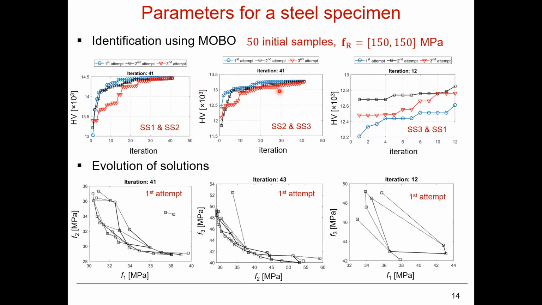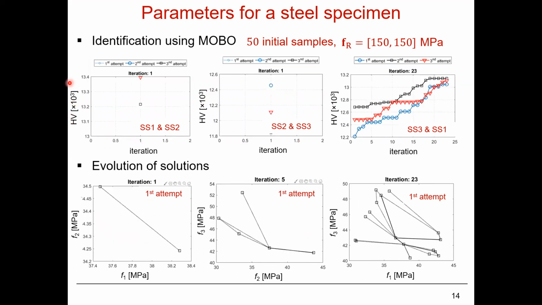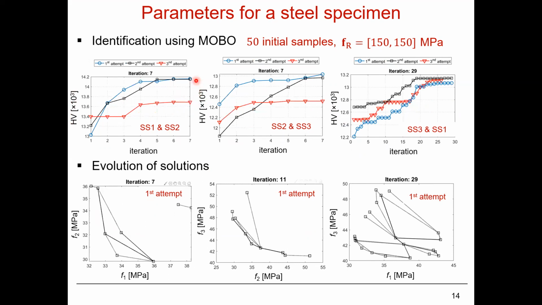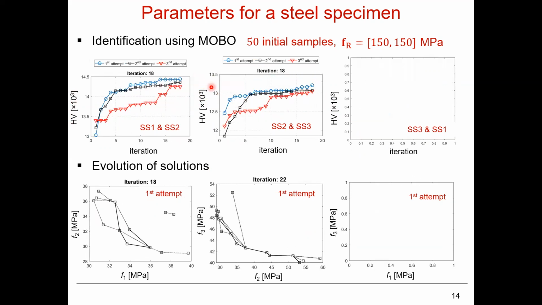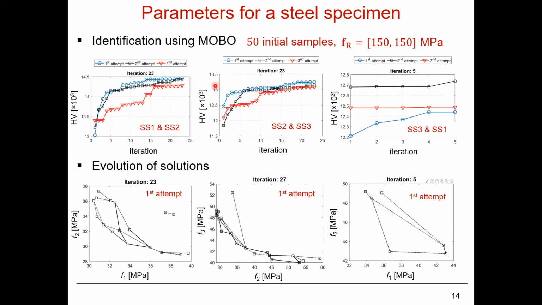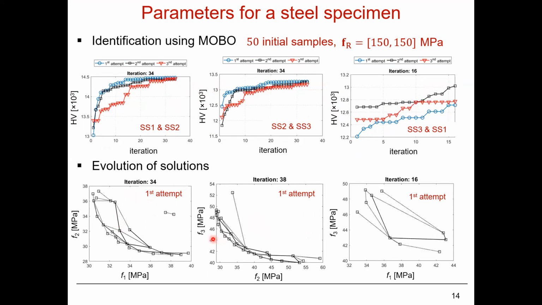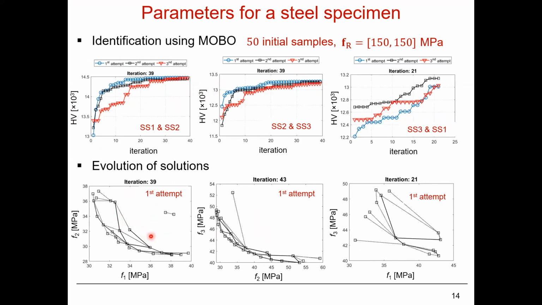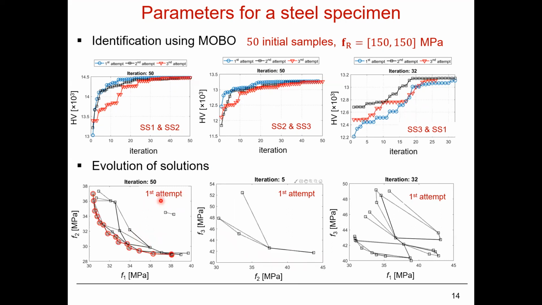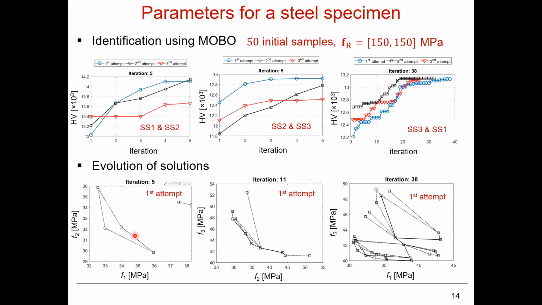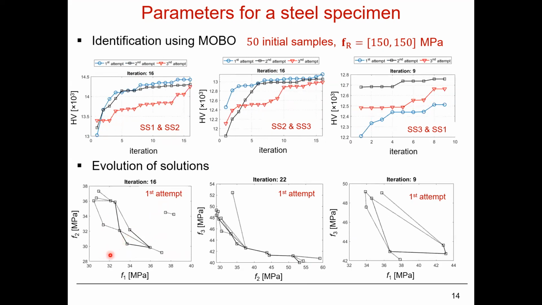We can see that even though starting at very different initial values, the hypervolume from each case tends to converge to a unique value when the optimization terminates. The bottom panel shows the evolution of the solutions during the first Bayesian optimization run. We can see that the solution improves significantly after iterations.